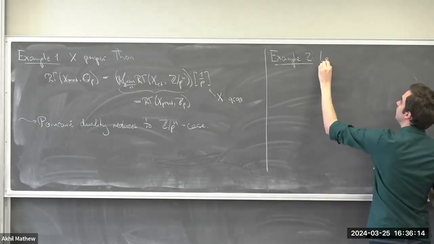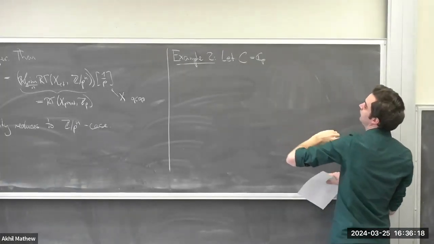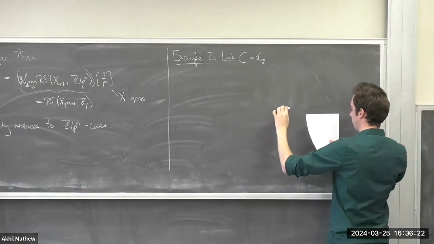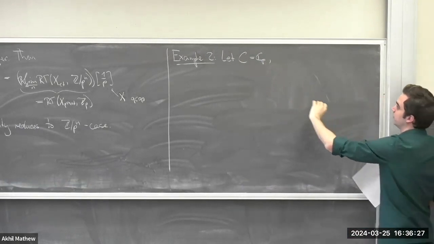So let me here recall the computation by Colmez-Gilles-Nizioł. Maybe for simplicity, let's suppose C is C_p. So this will be the example where X is not proper.